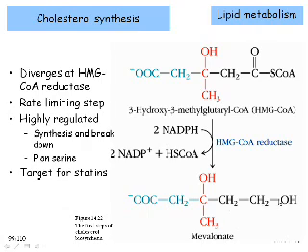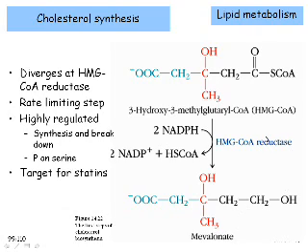So this is a branched 6-carbon compound, 1, 2, 3, 4, 5, 6, called mevalonate. A trivial name, sorry about that. But because this enzyme is the rate-limiting step for cholesterol synthesis. And this compound, mevalonate, we'll see used for a number of different things.